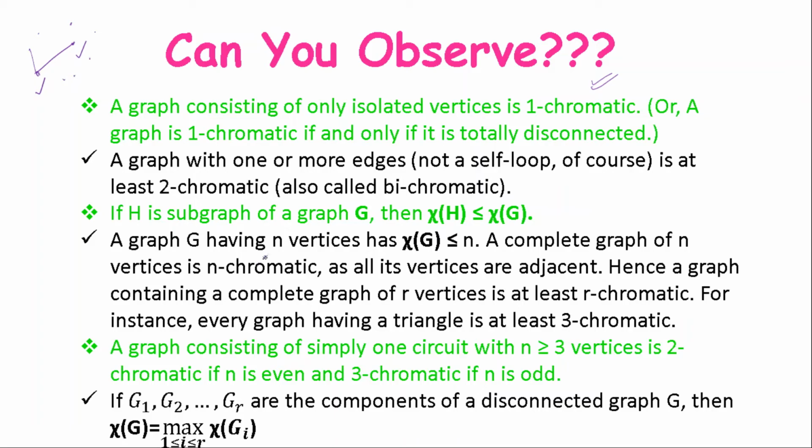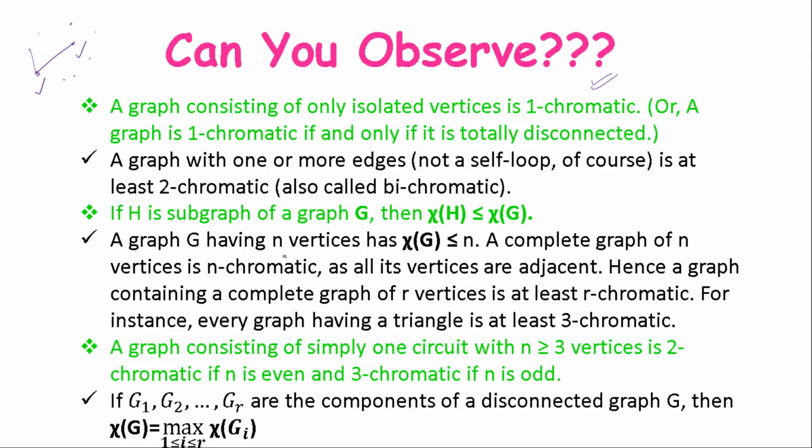If H is a subgraph of G, then the chromatic number of H must be less than or equal to that of G. This is also obvious because a subgraph has a subset of vertices and edges, so the number of vertices and edges will be less than or equal to that in the supergraph G. So obviously the chromatic number will be less than or equal to that in the supergraph.